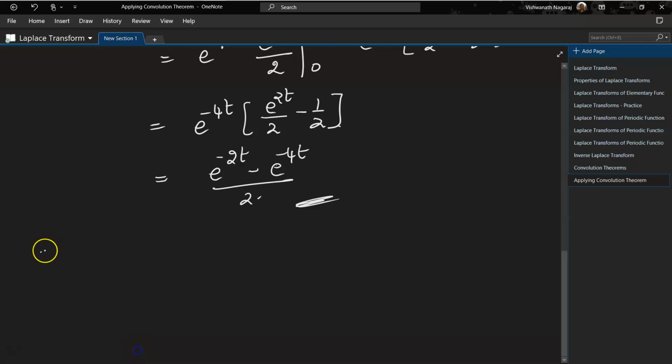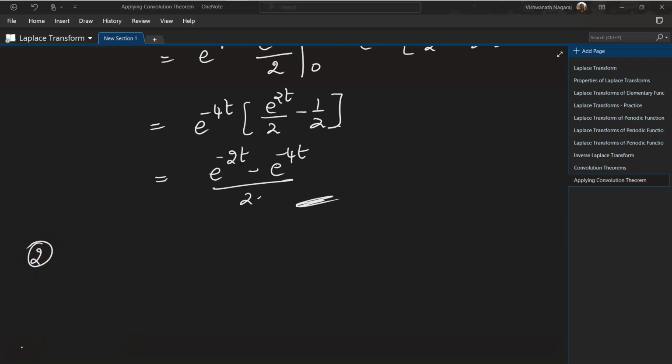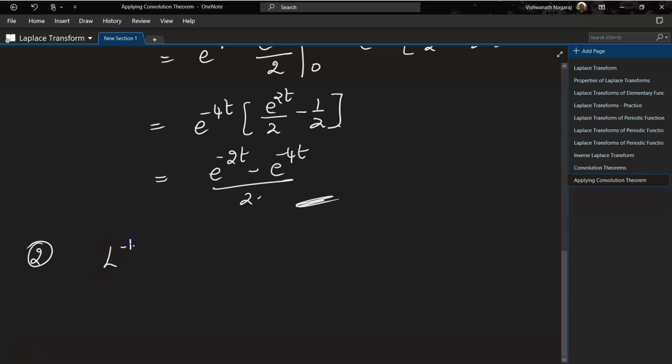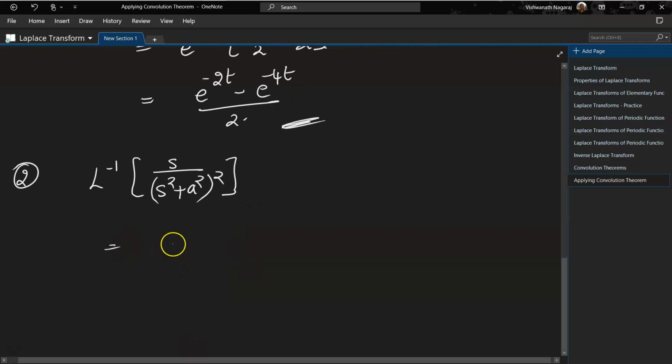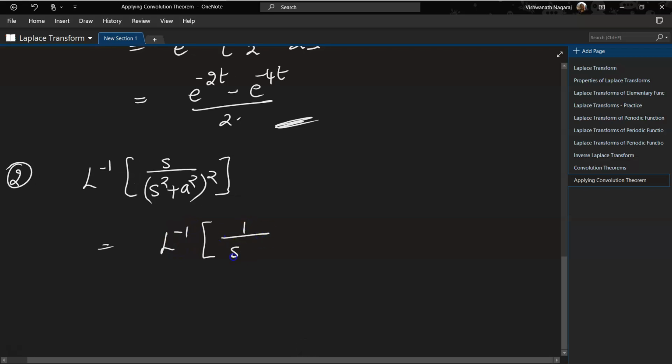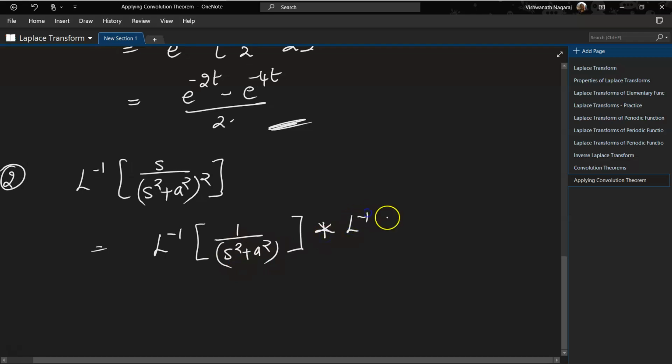Okay, let's look at the second problem. Let's say we have to find the Laplace inverse of s by (s square plus a square) whole square. Now using convolution we can say this is Laplace inverse of 1 by s square plus a square convolved with Laplace inverse of s by s square plus a square.